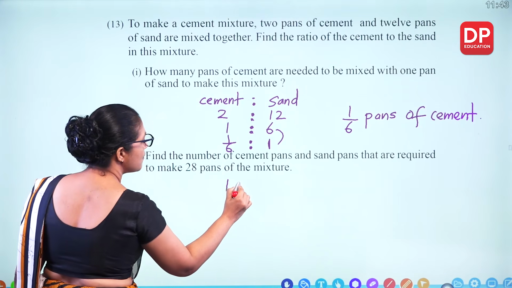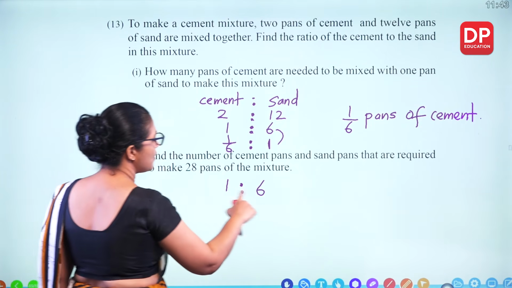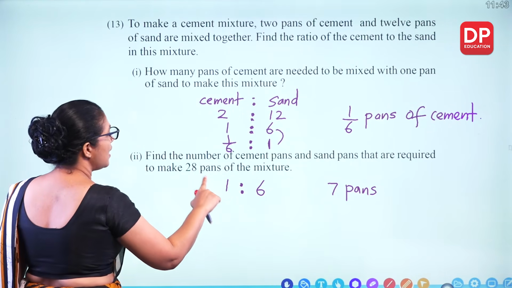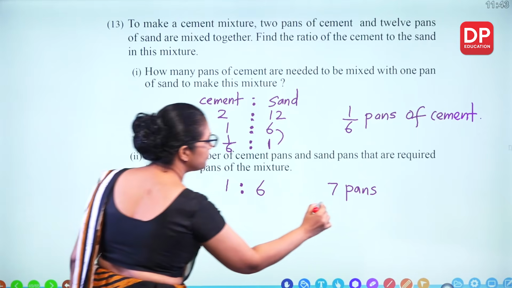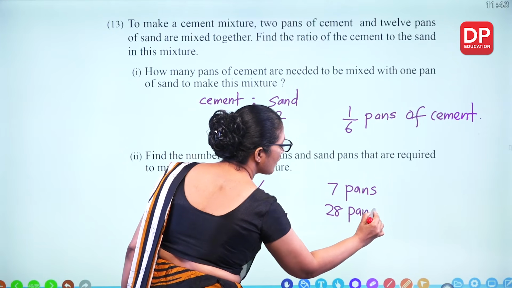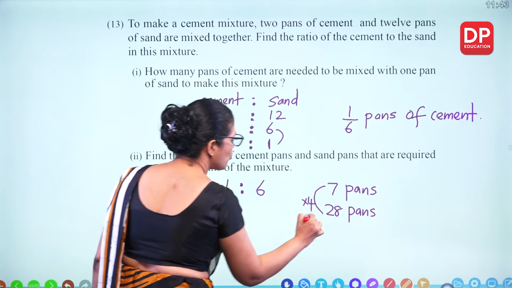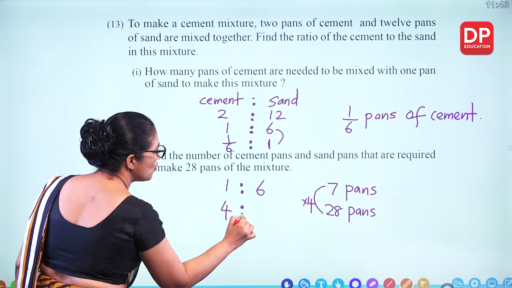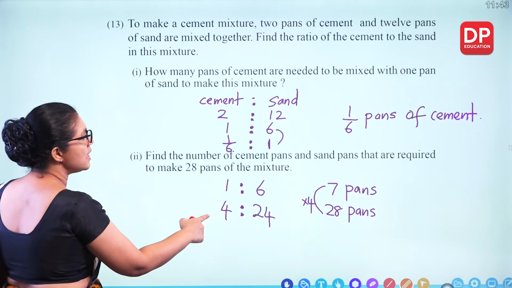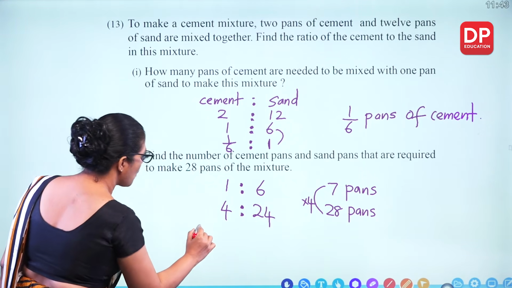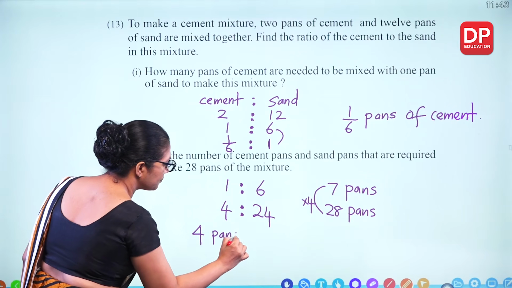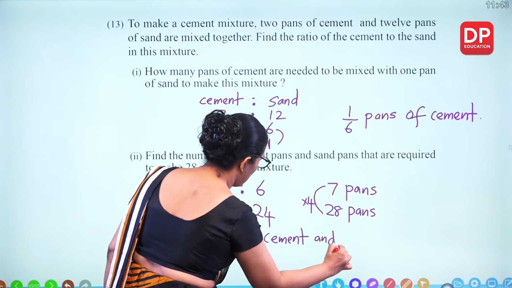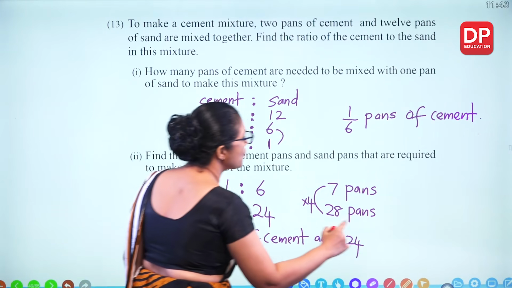So if the ratio is 1 to 6 and the total parts is 7 pans, you want a total of 28. So multiply both these ratios by 4. 4 is to 24. That means you need 4 pans of cement and 24 pans of sand.